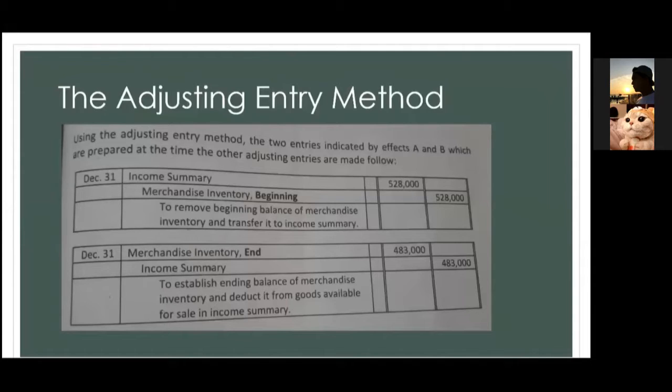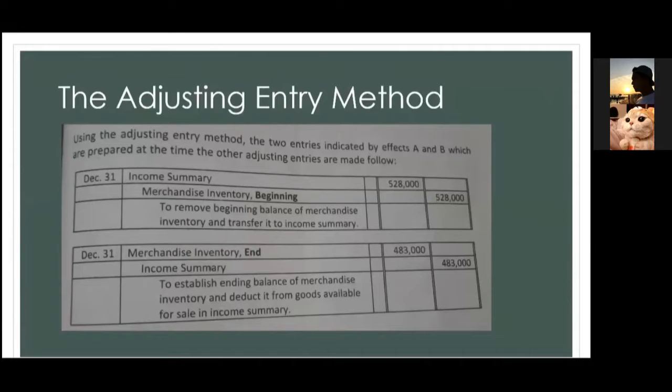The merchandise inventory must be credited in the amount of 528,000, and it will be removed and transferred to income summary. Therefore, the account title to be used as a debit is income summary for the amount of 528,000. So this is the entry to record the removal of the beginning balance.